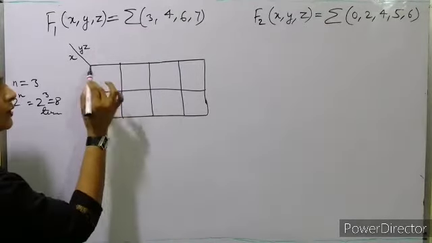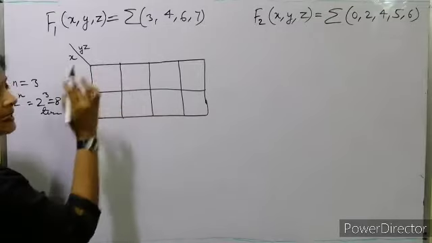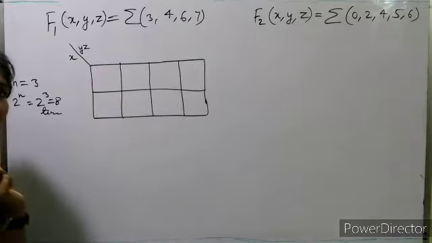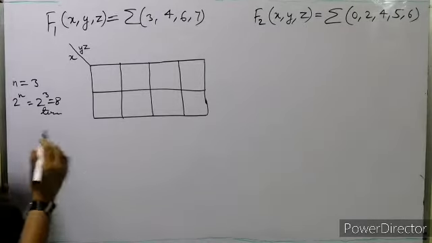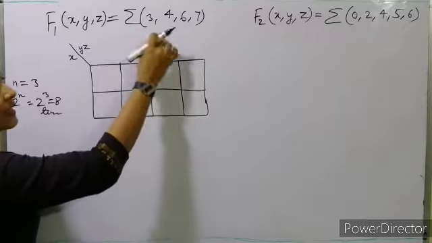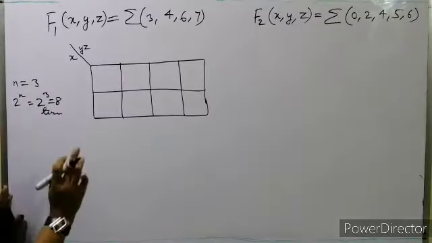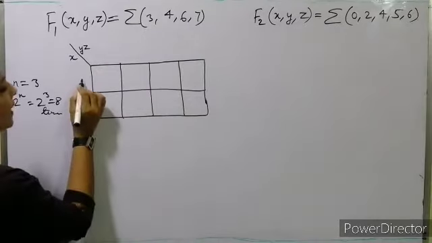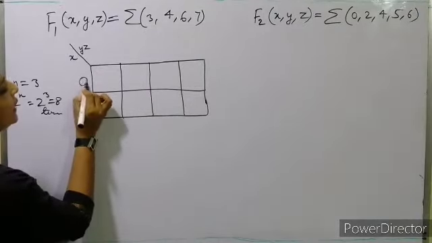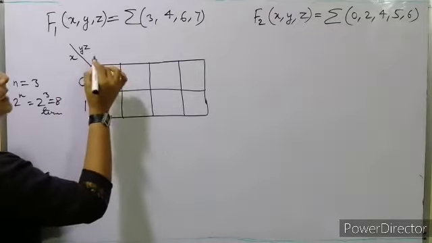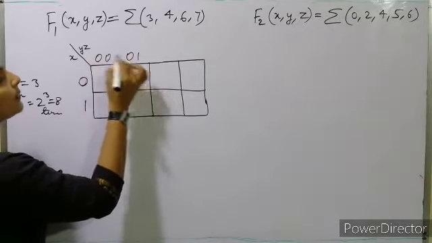So as I told you in the last video, one square, one grid, shows one min term. This function is given and this function has 4 min terms. To make you understand better, one thing you can do: for x we will write 0 and 1, and for y z, 0 0, 0 1.